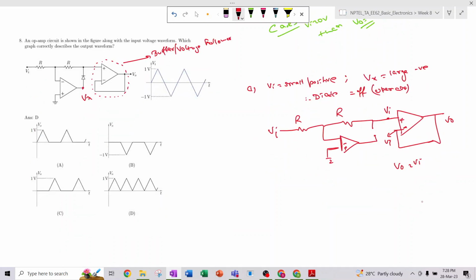In the second case, Vi is equal to small negative. When Vi is small negative, Vx becomes a large positive number. If Vx is large positive, that means the diode is on.